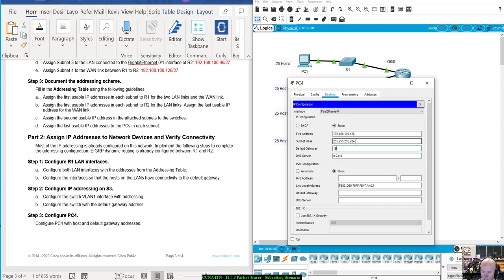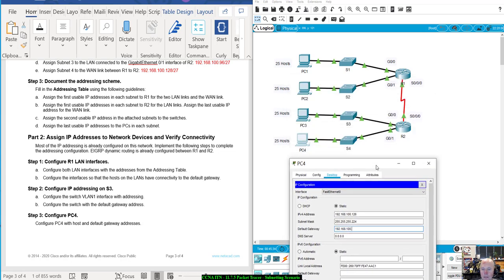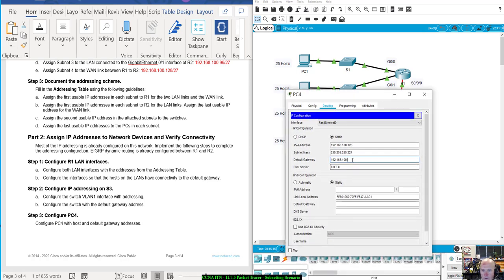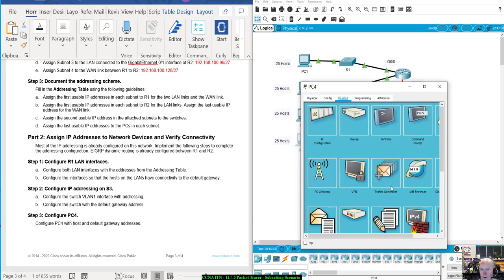Default gateway is 192.168.100.97, and that's going to gigabit 0/1. Okay, so that's 97. We're good there.